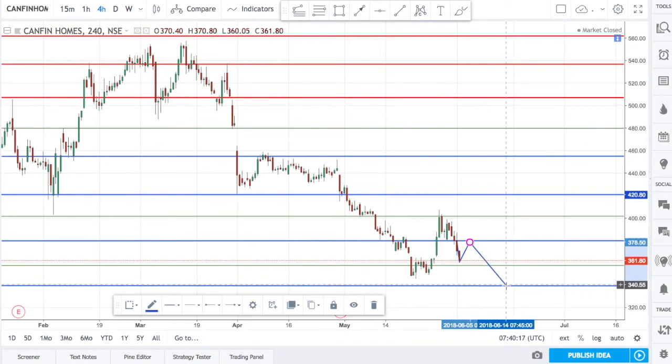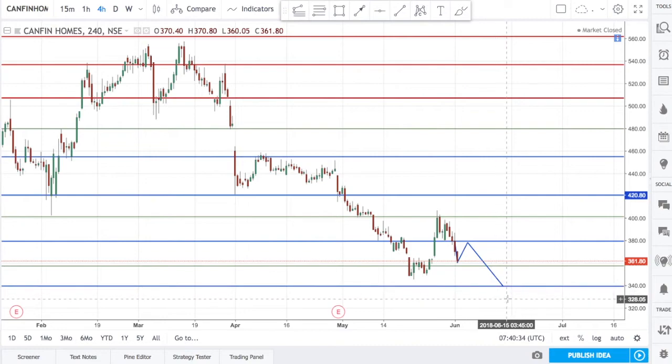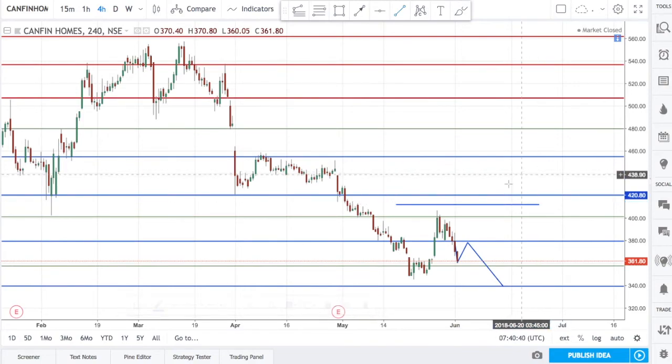This is what we are expecting: for the prices to push into this resistance level, get rejected there, and once again push down lower into this immediate level of support. So this would be our target area, and slightly above this point would be our stop loss in an ideal scenario.